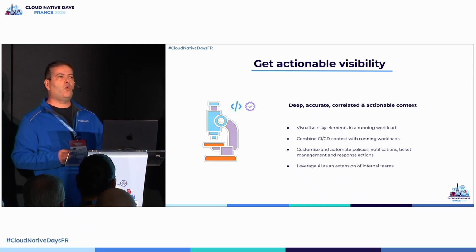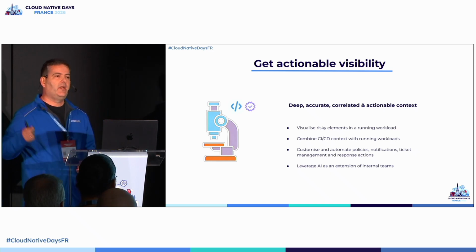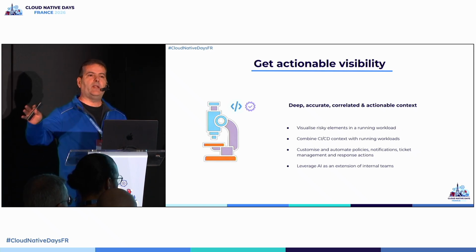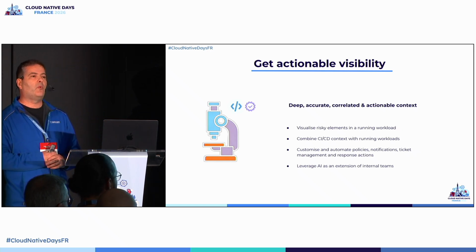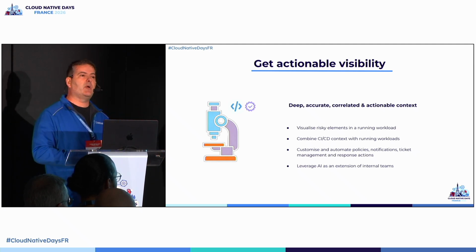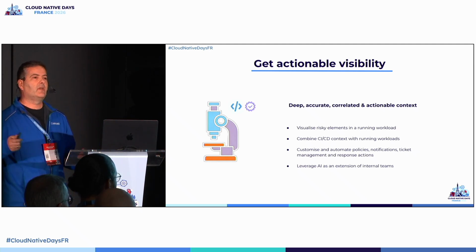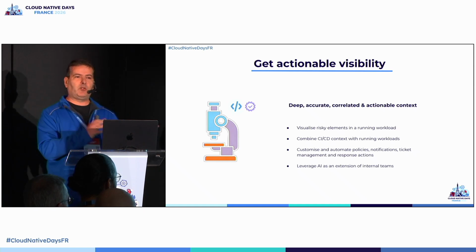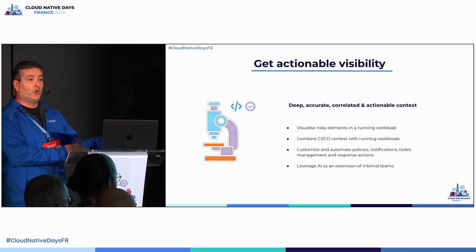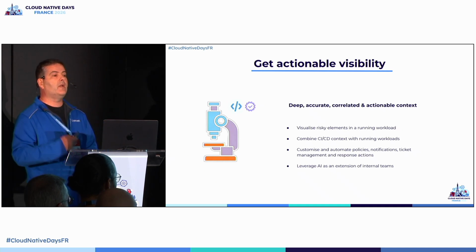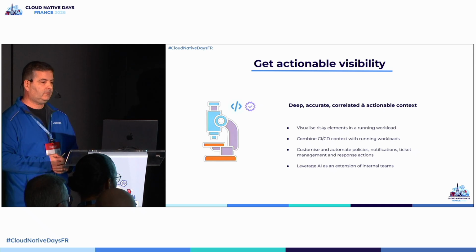If I had a way to see a delta of now in my running workload, I have, let's say, 20 vulnerabilities that are loaded in memory. And now when I'm spinning up the new version of the image, I might have 50. I need a tool to tell me, I suggest you go back to the drawing board. Don't deploy that yet. Remediate those excessive vulnerabilities that you're introducing, and then move on.